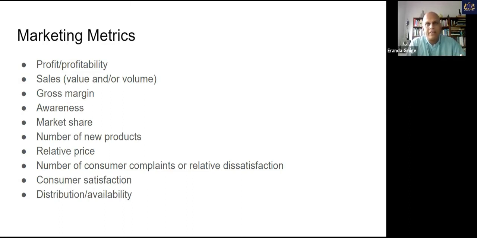So brand awareness is something that is used as a metric, but again, somewhat difficult to measure. And there is some resistance in the organization from other departments when you try to push this.